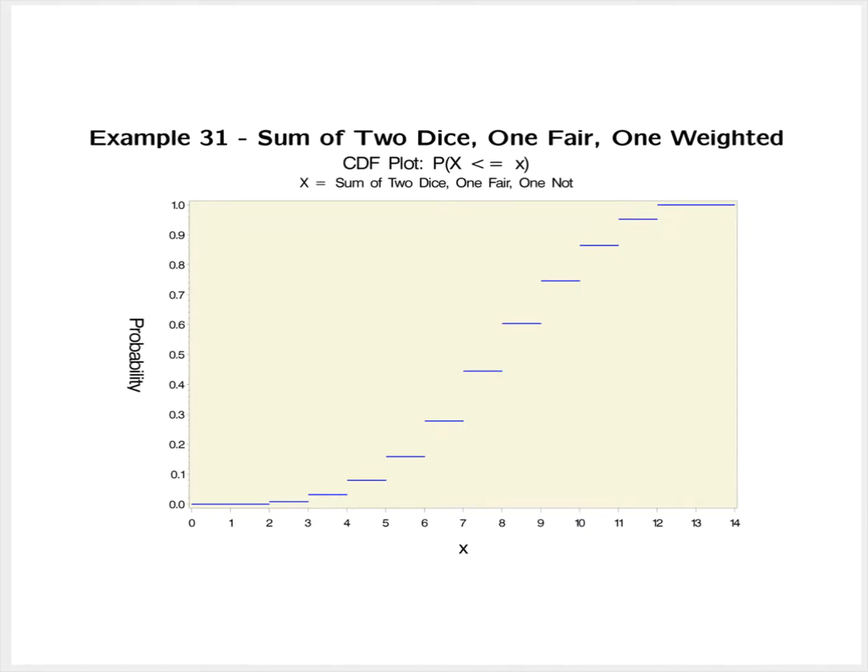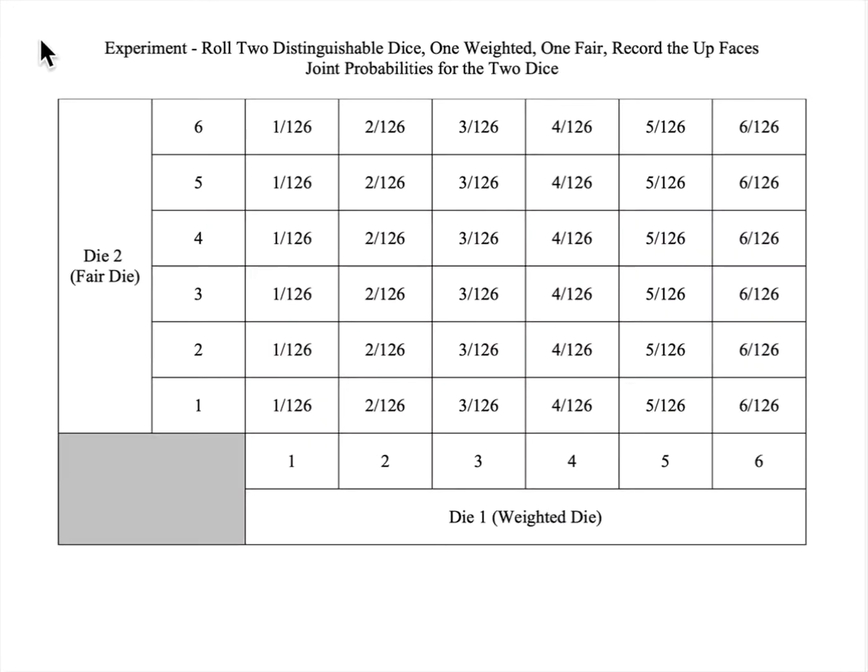Now, I also wanted to show you this table, like we had before, but in this case what I've done is I've filled in these probabilities, all right, based on the formula that we determined for the joint probabilities.